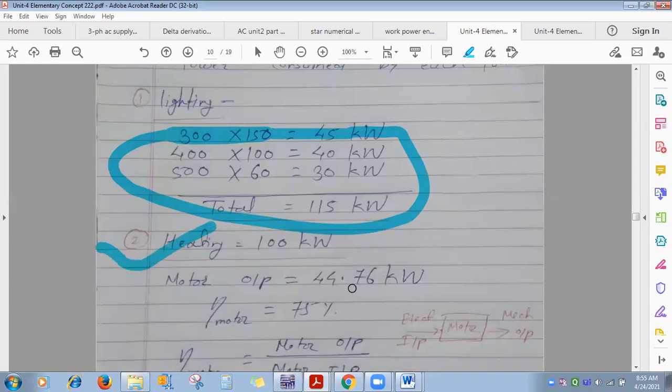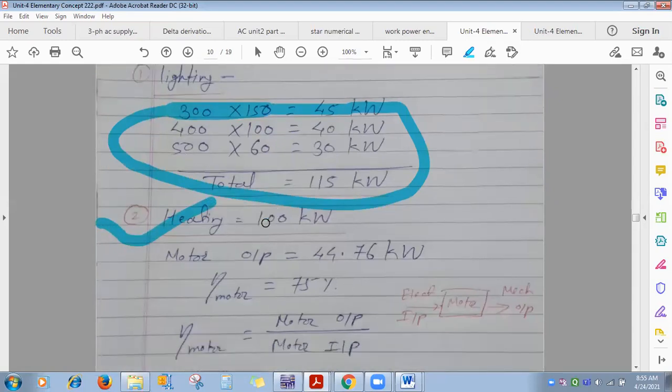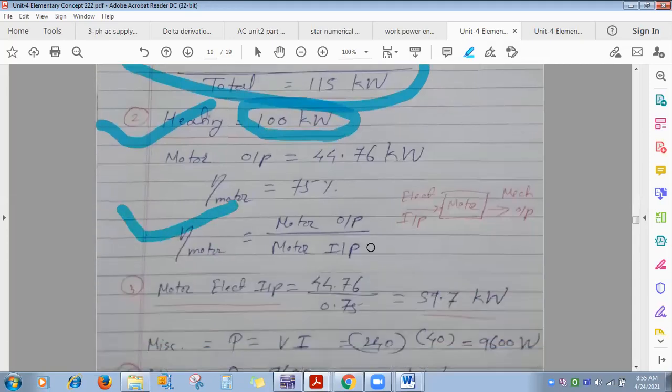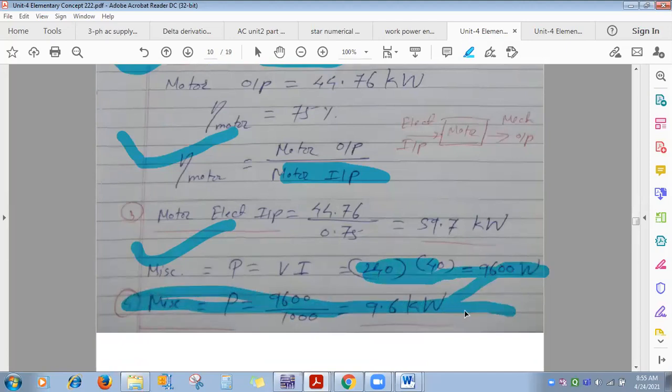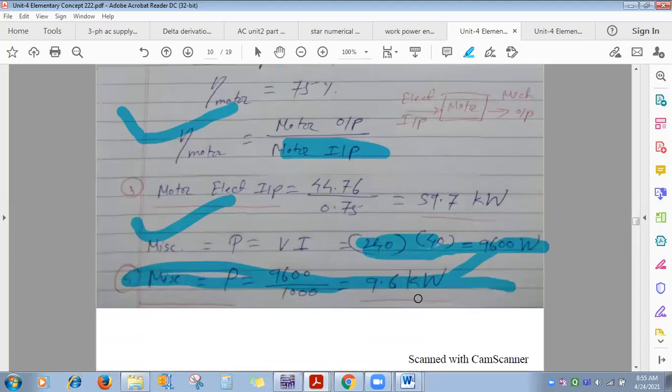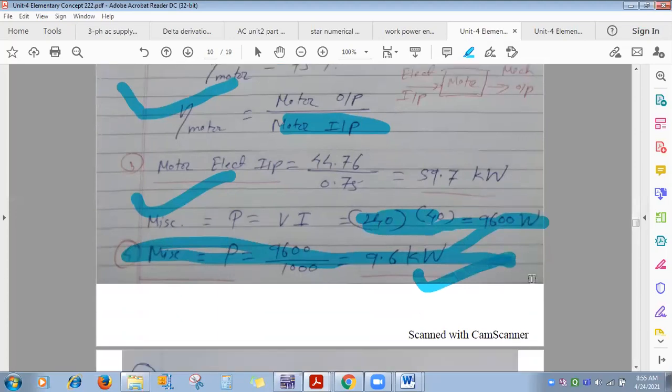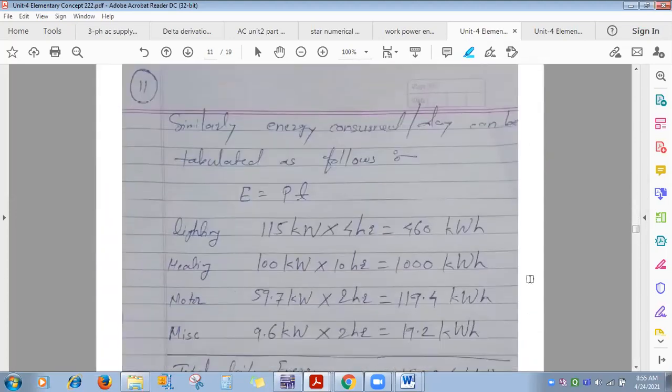Heating also given, kilowatt directly given for heating, power rating. For motor, I told you, you can calculate the input in kilowatt. Okay, so for miscellaneous, voltage rating and current rating are given. Using that, you can calculate the power rating of it. Then you can convert it into kilowatt by dividing by 1000. Means power we got in kilowatt.